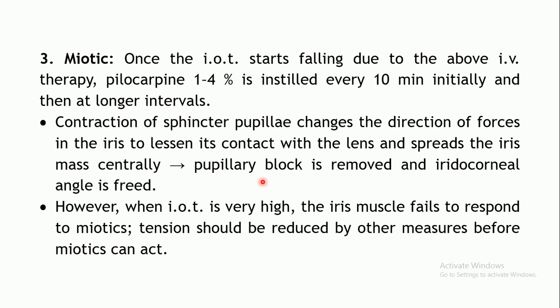As a result, the pupillary block is removed and the iridocorneal angle is free. However, when intraocular tension is very high, the iris muscles fail to respond to the miotics. In this situation, the other measures to reduce the intraocular tension are first supposed to be instituted, and then you should go for miotics.